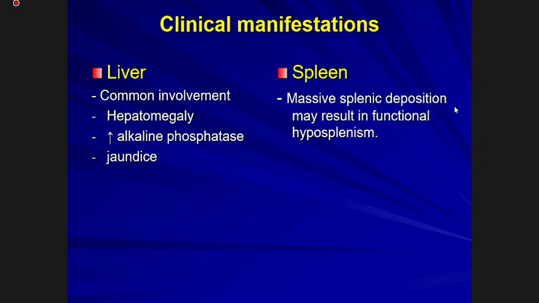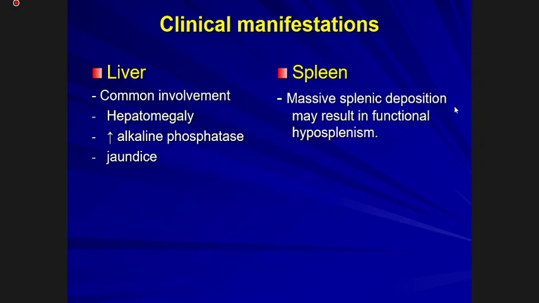Remember, when you accumulate there, you will block the sinusoids, where bile is excreted from your liver into your biliary tree. So when there is obstruction of this, you can have jaundice, accumulation of bilirubin. When you do your liver function test, you will see there is an increase in alkaline phosphatase.